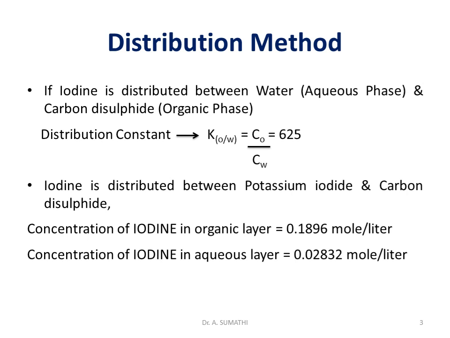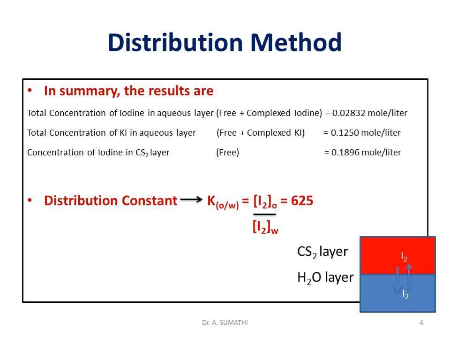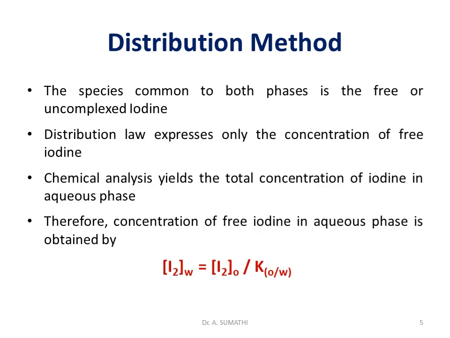After that, we can determine the concentration of iodine in the organic layer and the concentration of iodine in the aqueous layer. So we get some numerical values. But it is rearranged from this equation. Here you can see K is equal to I2O divided by I2W. Now what we want to determine is this I2W. So this goes to the other side, and K comes to the denominator. Simply the equation gets exchanged, and thereby we can calculate the free iodine.